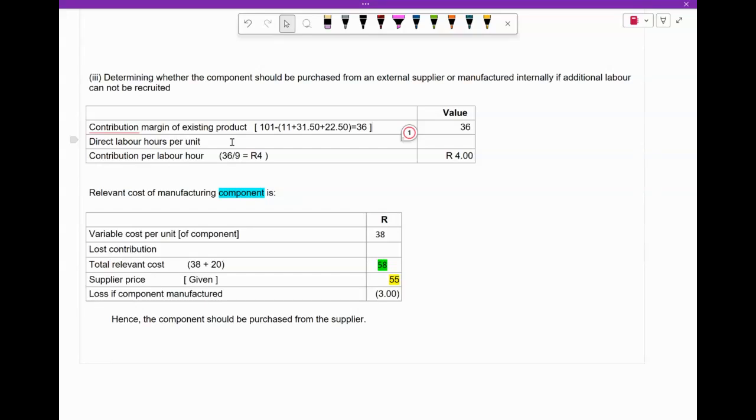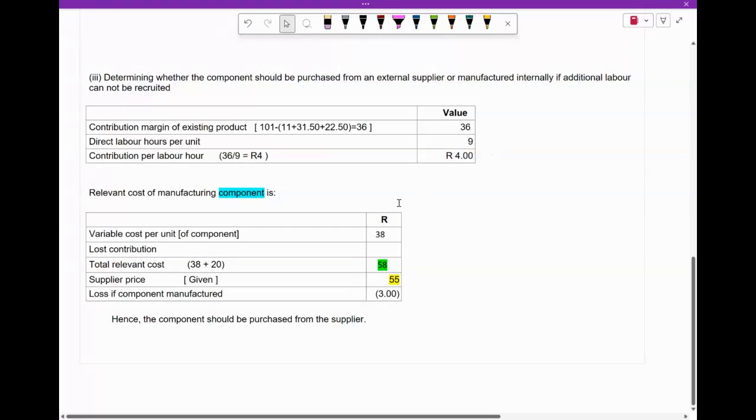Here, remember, ultimately we are trying to calculate the contribution per limiting factor. The limiting factor is direct labor, and here they're saying per unit it takes how many direct labor hours? 9. So per unit we've got 9 hours of this limiting factor.